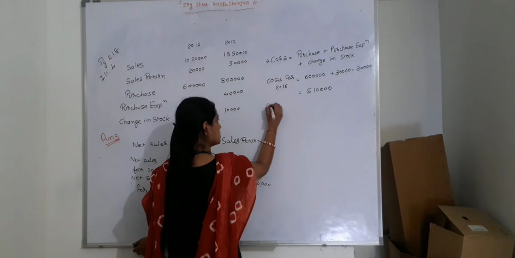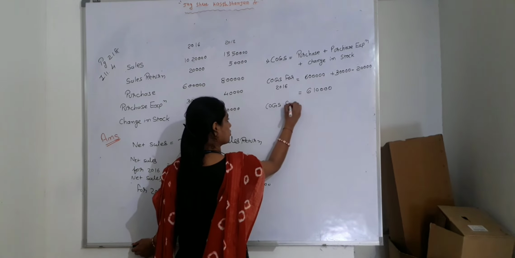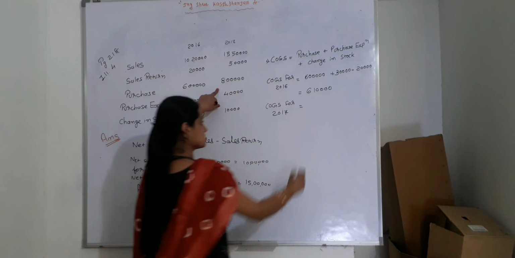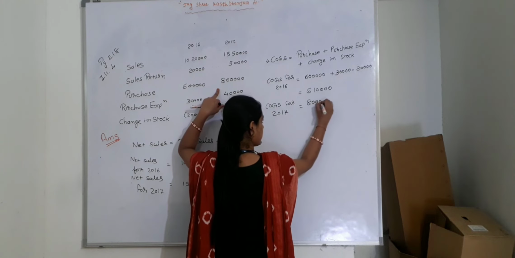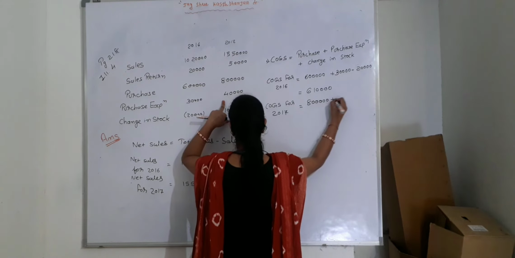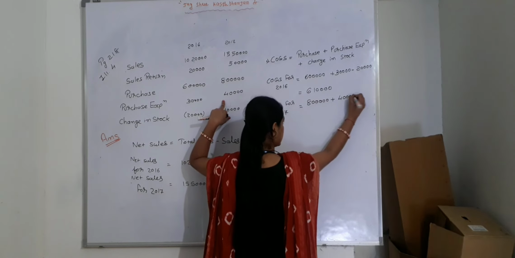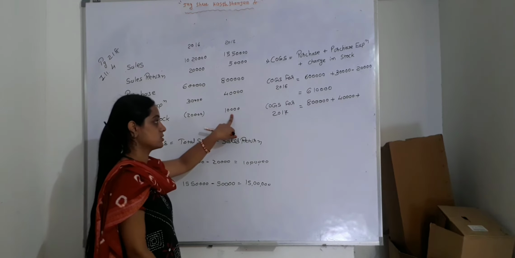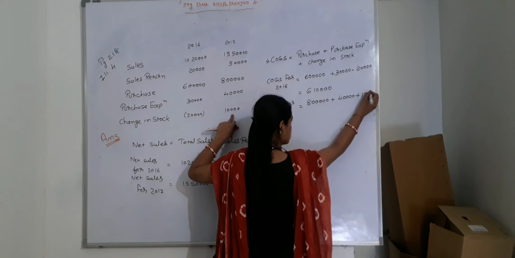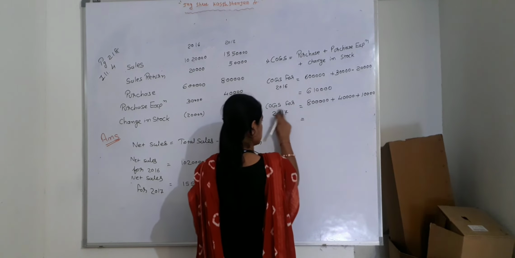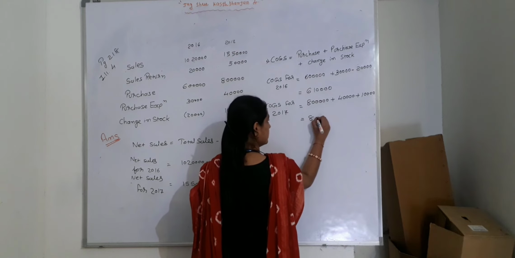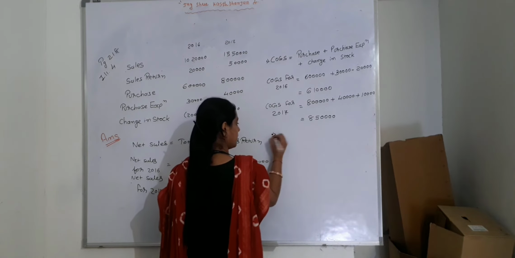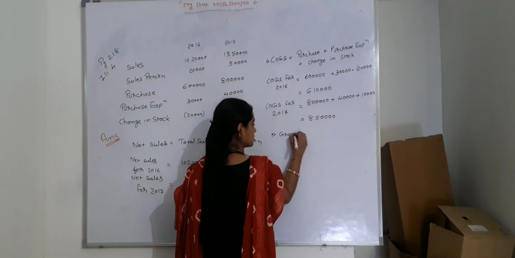Next, COGS for 2017. Purchase is 8 lakh plus purchase expense 40,000, and here change in stock is not in bracket, that means it is positive, so plus 10,000. So COGS for 17 is 8,50,000.